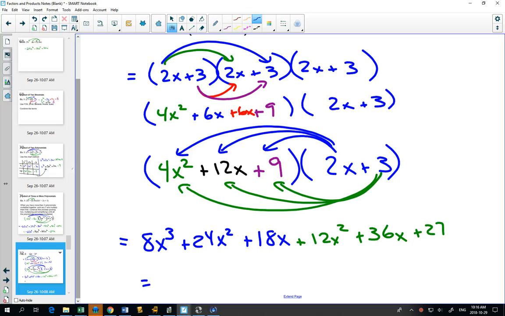And we get as an answer in the end, we still have the 8x cubed. We have like terms. X squareds combine, 18x plus 36x plus 54x. We still have the plus 27 at the end.